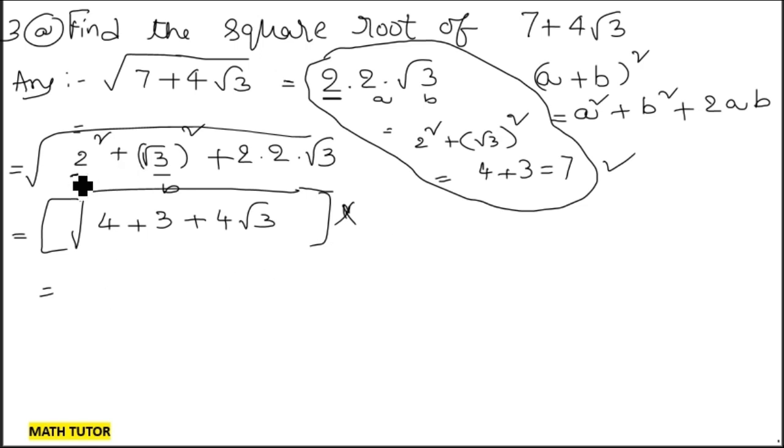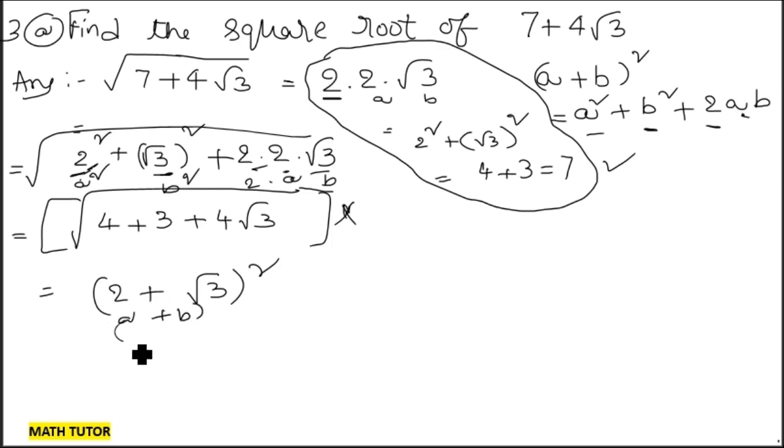So A is 2 plus B is root 3 whole square. This is in the form of A plus B whole square. A square, that is 2 square, B square, that is root 3 whole square, 2 into A, that is 2, B is root 3. Clear? So 2AB, A square plus B square plus 2 into A into B, that is nothing but A plus B whole square.